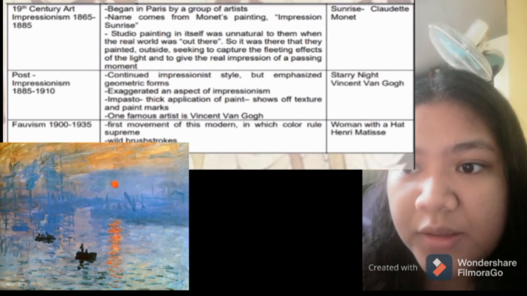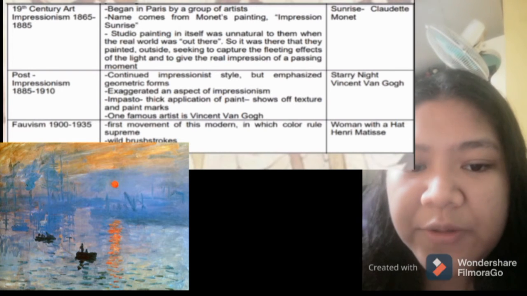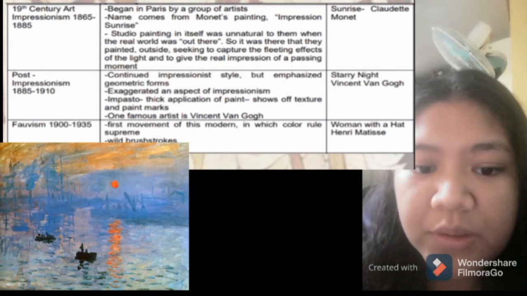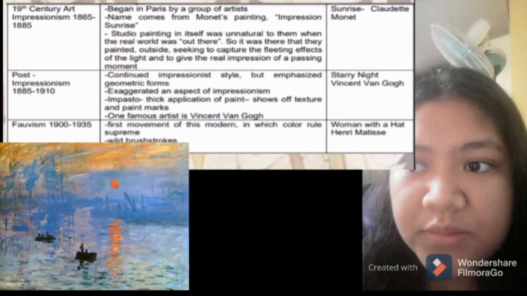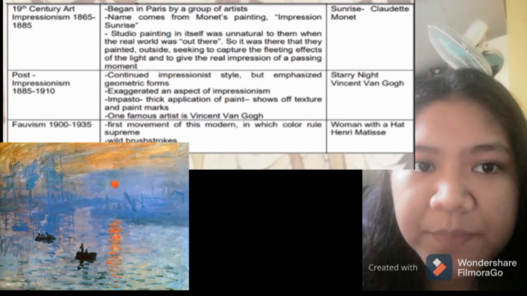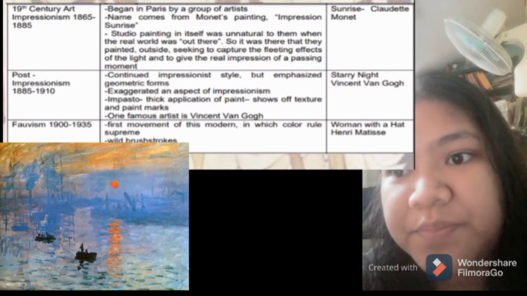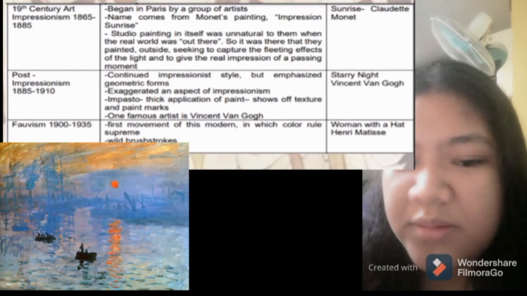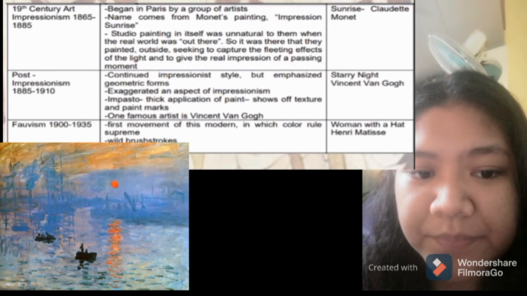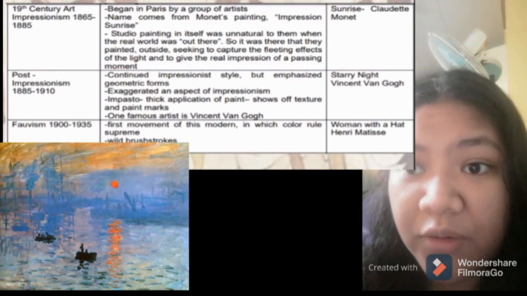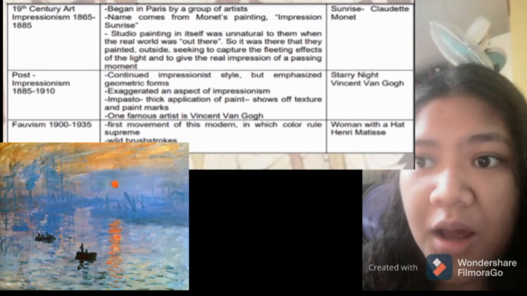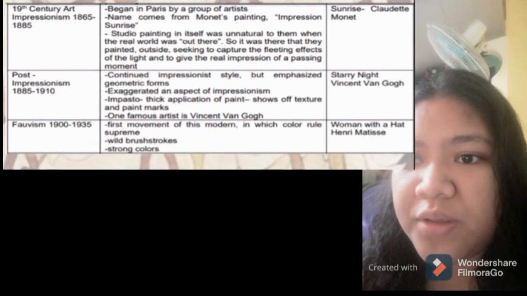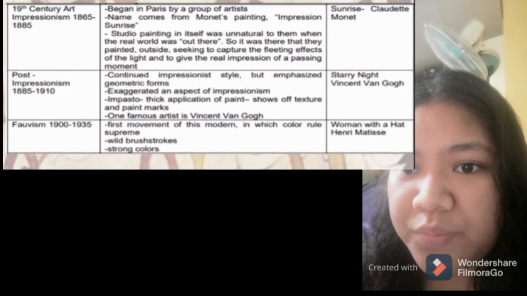So, to give the real impression of a passing moment, Claude Monet painted the sunrise. Makikita nyo na 19th century pa lang po, may mga artist na po talaga tayo. Kahit nung mga panahon ng Neolithic, mga sinaunang panahon, we have art.